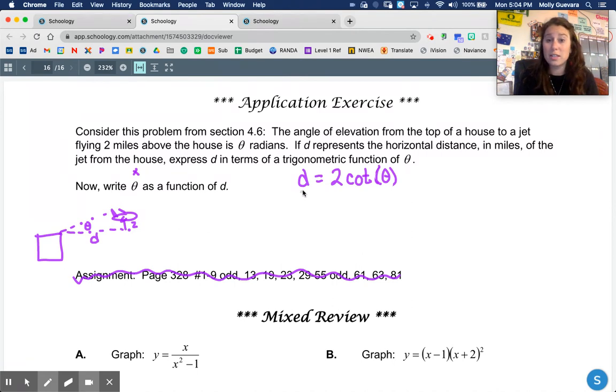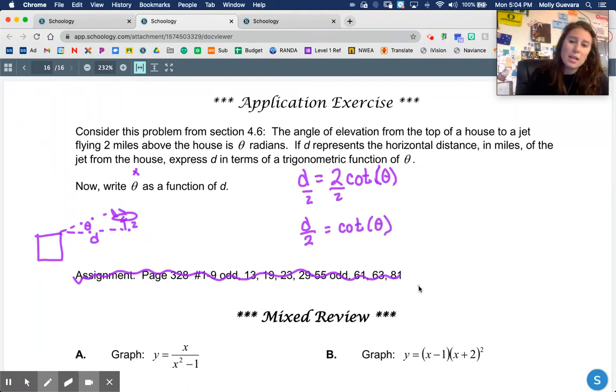So instead of the D being by itself, it wants theta by itself. I can start by dividing by 2, so I get D over 2 is equal to cotangent of theta. And then I want the theta by itself. I cannot divide by cotangent. We have to think back to geometry. The only thing I can do is take the cotangent inverse of both sides.